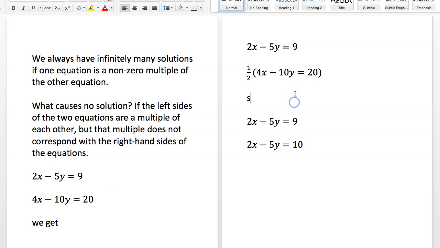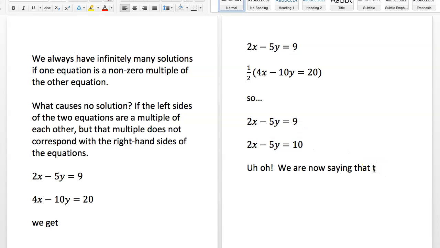Look at what is highlighted here in blue. We're saying that 2x minus 5y equals 9. That's okay. But we're also saying that the same thing, 2x minus 5y, is equal to 10. You can't be equal to 9 and 10 at the same time.